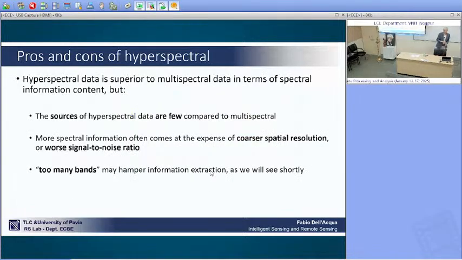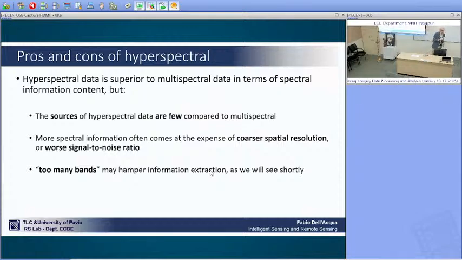Now, this is the technical difference. Technically, what you have to do is build a hyperspectral sensor, which is basically hardware capable of so finely distinguishing the wavelengths and sensing them one by one.